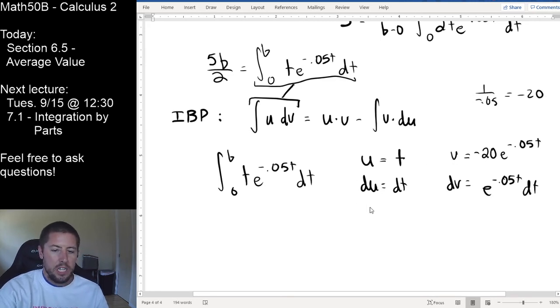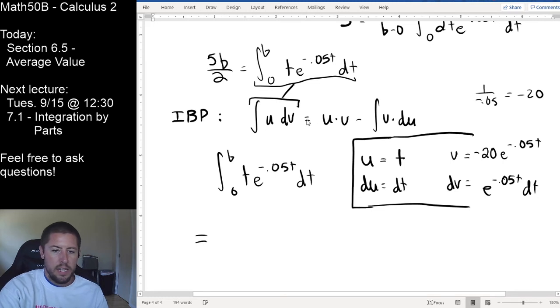So what this change of variable stuff, this whole box over here, allows us to do is rewrite this integral according to the integration by parts formula. What I'm going to get, this is now equivalent to u times v evaluated from 0 to b.